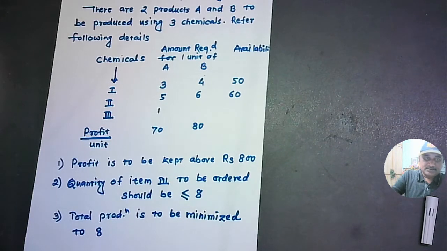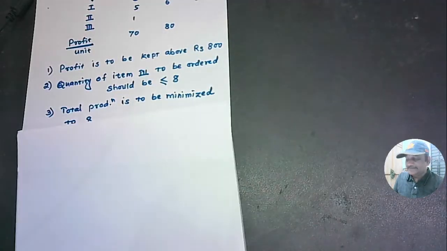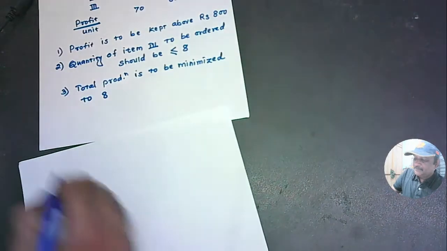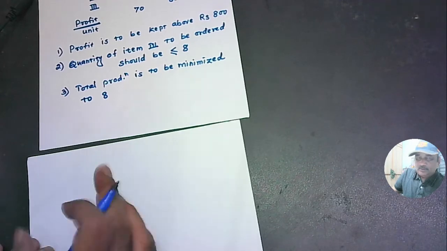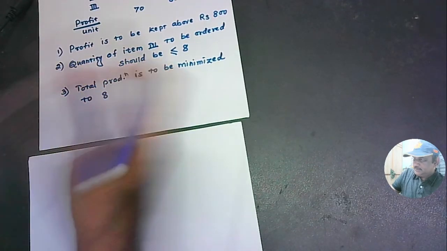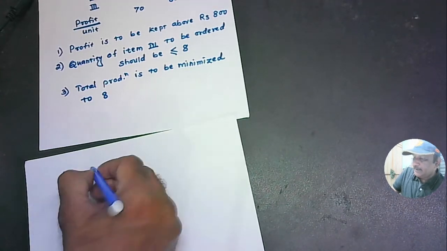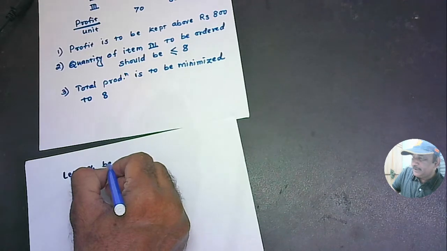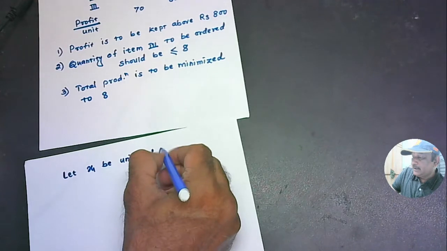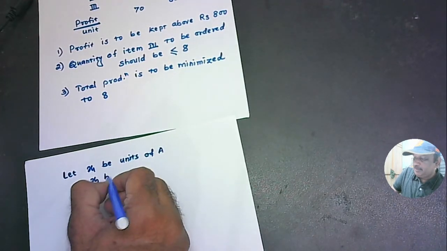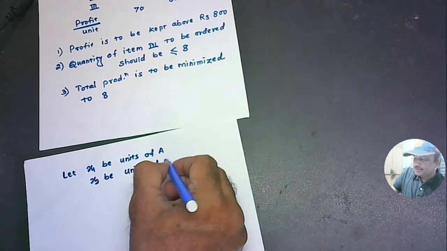I'll be taking another page. So there are two things, as I said: rigid constraints and targets. But before we look more at it, in the style of our formulation, let x1 be units of A and x2 be units of B to be produced.